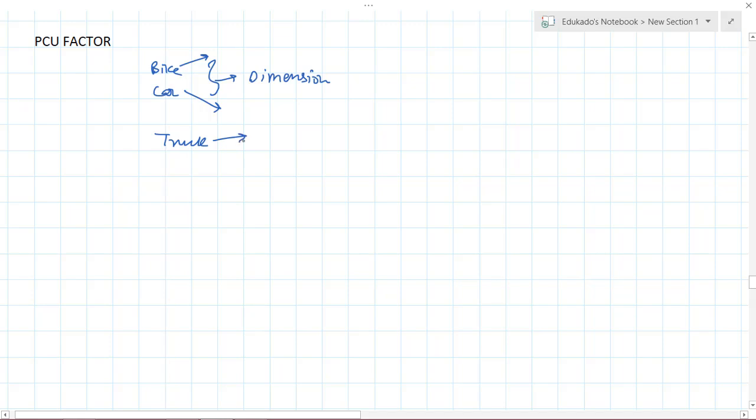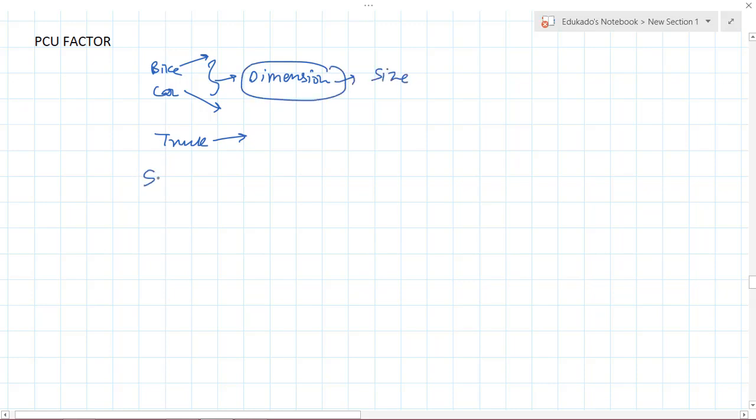So suppose you are moving on a road, and on the road you see different types of vehicles. Obviously there will be some bikes, some cars, trucks and all. What is different between a bike and a car is their dimensions. The bike is much smaller and the car is much bigger. If I get some trucks over here, then it will be bigger than the car. So the changes in the dimensions, I can call it directly size.